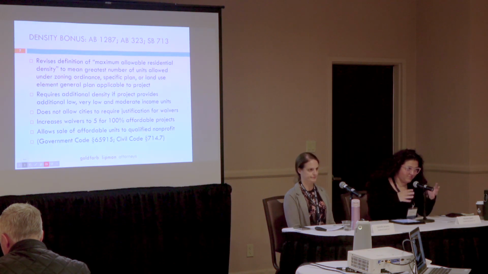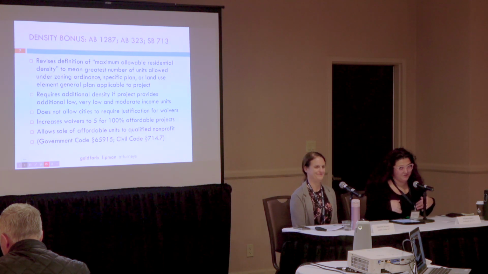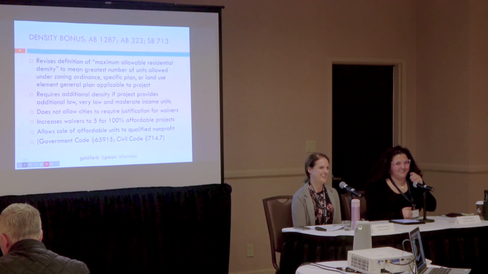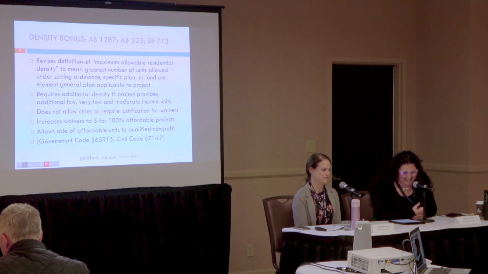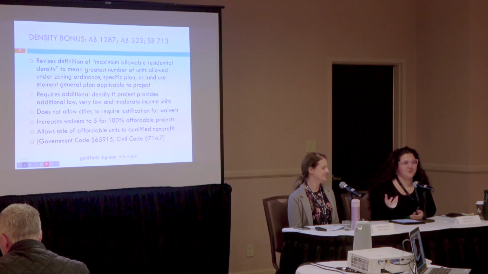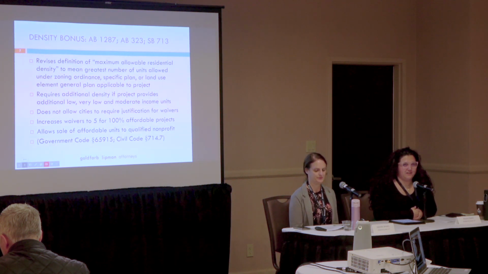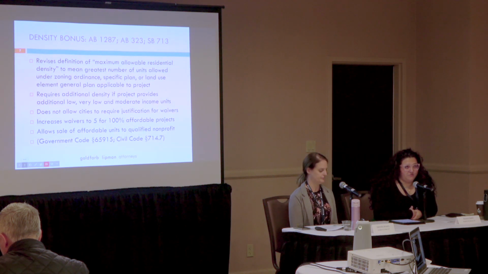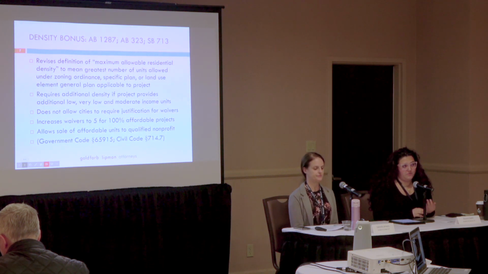I'm not going to go through each of the density bonuses because there are charts and charts in the law, and that in itself is an hour-long plus. But basically it allows you to build additional units as long as you're providing some amount of affordable housing. Density bonus law also provides for something called concessions or incentives.